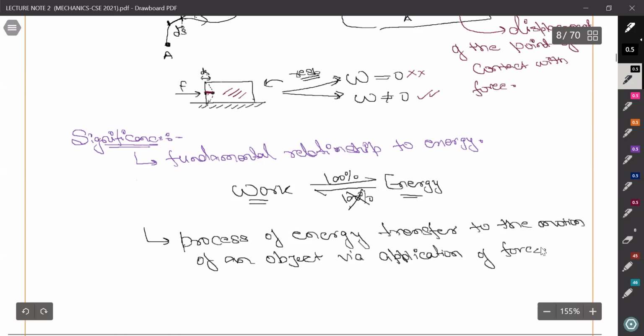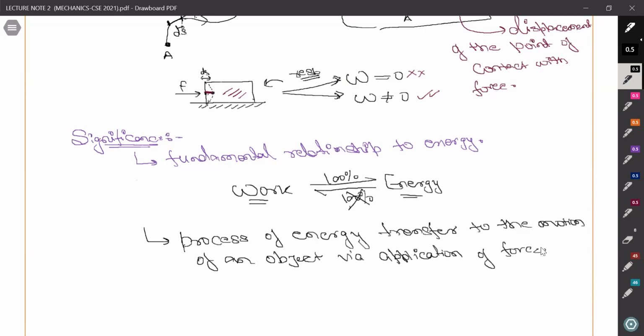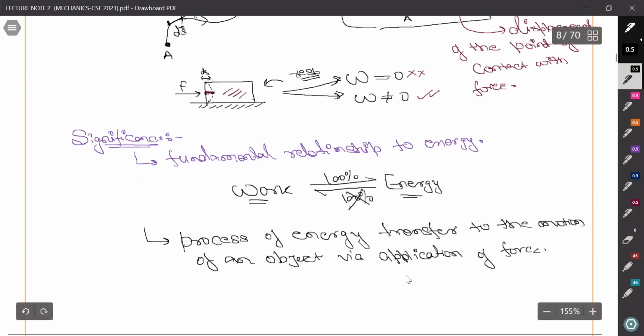We will see energy also. But one thing you should note here also, that whenever we discuss work, the force is the fundamental thing. We have to discuss the force, its nature. But when we are going to discuss energy, we don't need to understand the force, right? So if we are defining work anywhere, then the application of force is very important.